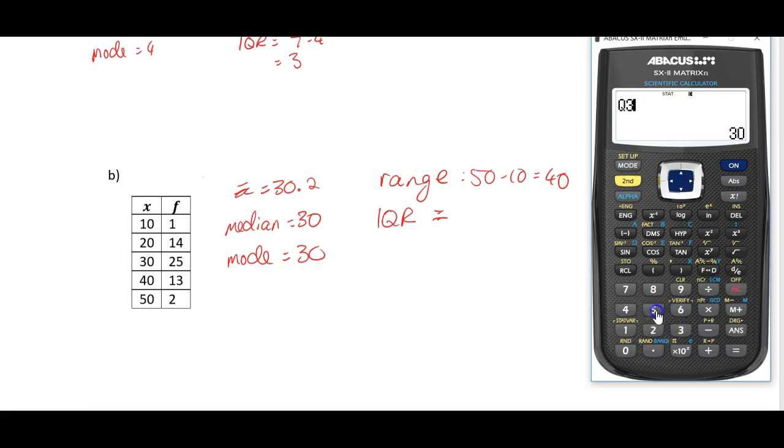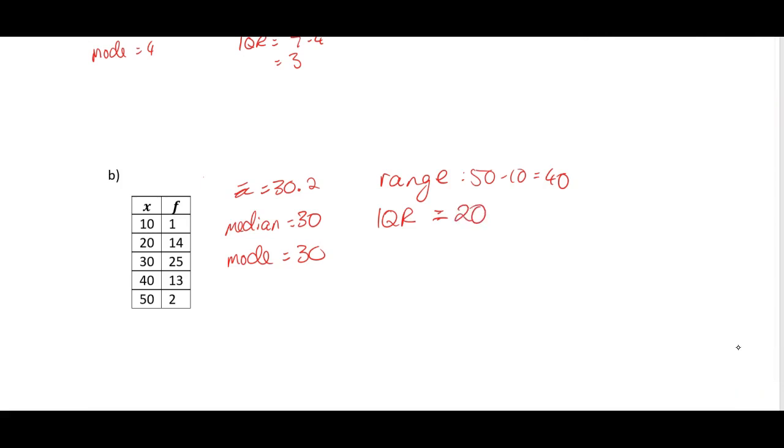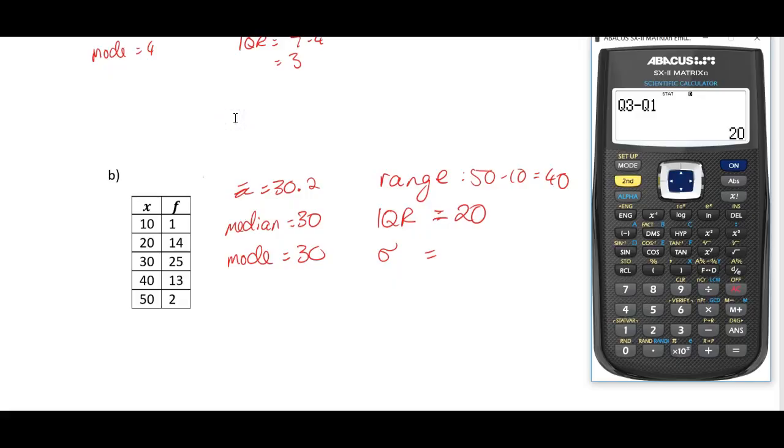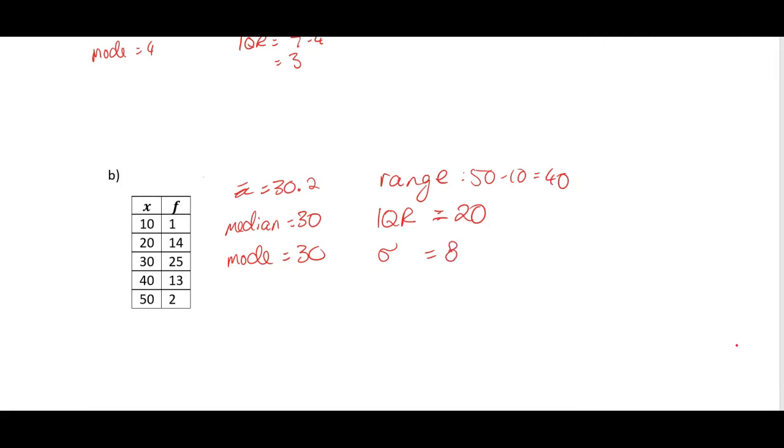So it is Q3 minus Q1, equals 20. Straight out of the calculator. And my standard deviation, again, I'm going to assume this is population. One more to go. My standard deviation, second function, 1, 4, 3, equals 8.4.